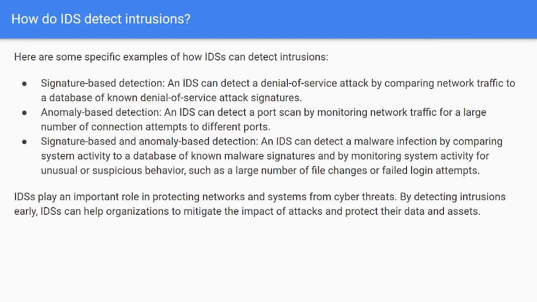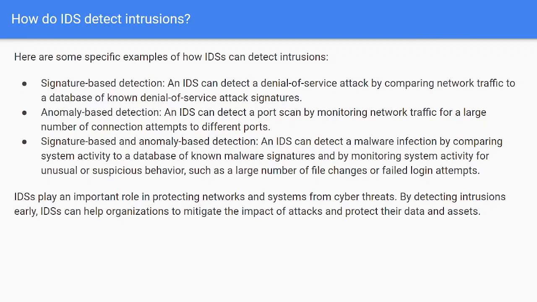An IDS can detect a malware infection by comparing system activities to a database of known malware signatures and by monitoring system activities for unusual or suspicious behavior, such as a large number of file changes or failed login attempts. So both the signature-based and the anomaly-based detection can be used to detect malware infection.